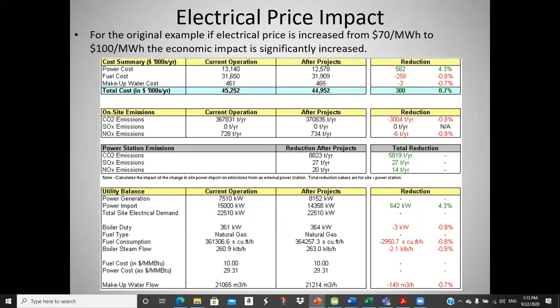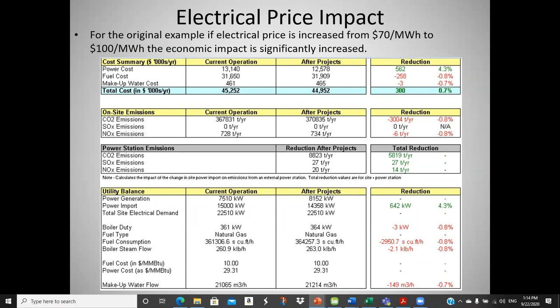In cogen, we talk about this as spark spread. What's the difference in the value of electricity compared to the cost of natural gas, in the same unit? If you take $1 million and divide it by 3412 times the electrical cost in dollars per kilowatt hour, times 0.07 at 7 cents, it's $20.52 a million BTUs for electricity, and we've got $10 fuel.